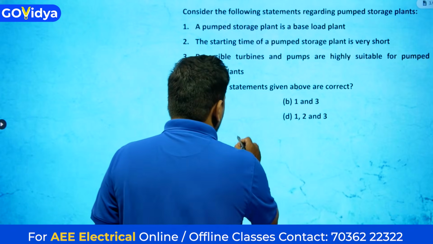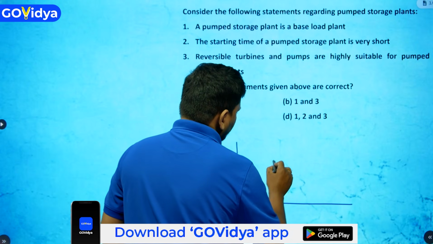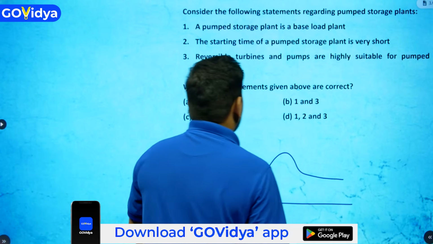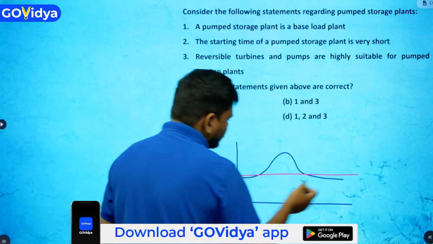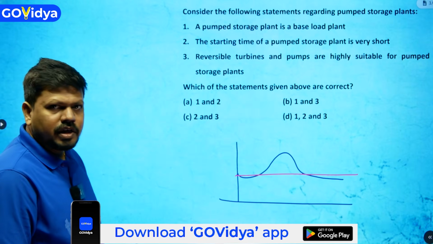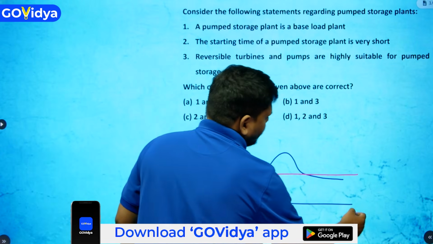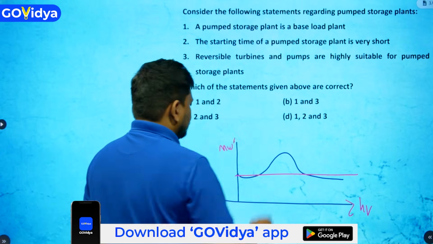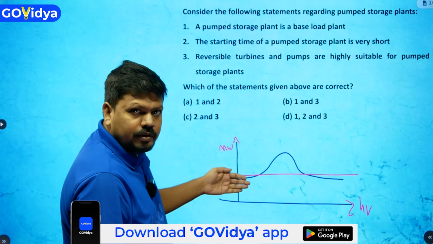For example, consider this load curve. You observe what base load means: continuously this much load is required. This is power generation in terms of megawatts, and this is in terms of hours. Any time this much of megawatts is required.